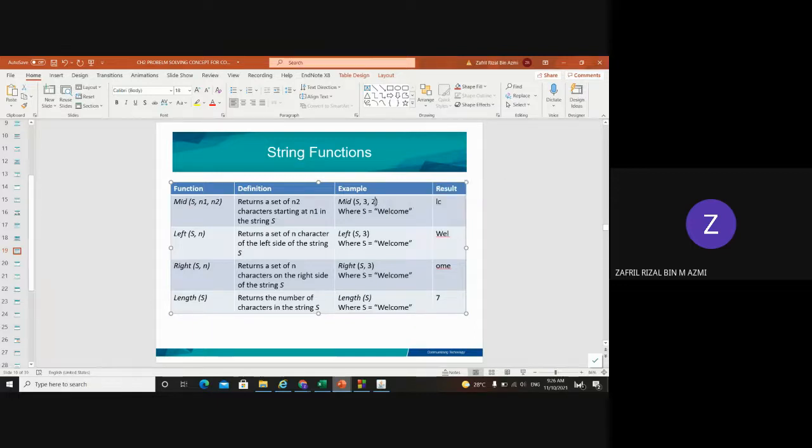So if you put 3 and 2 over here, it will become LC, LCO. So you need to understand the definition first before you can get the actual result.